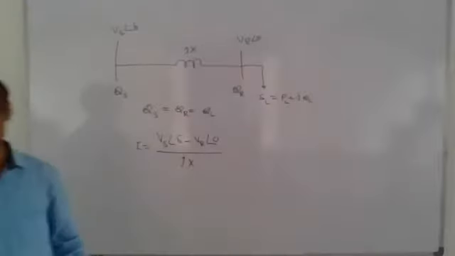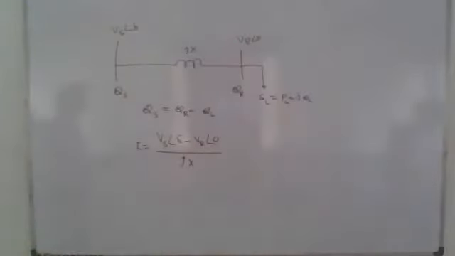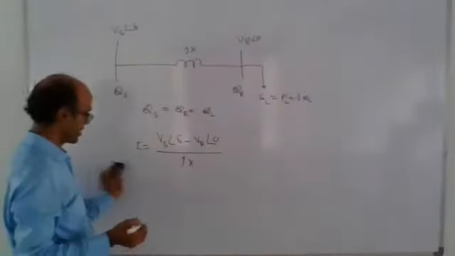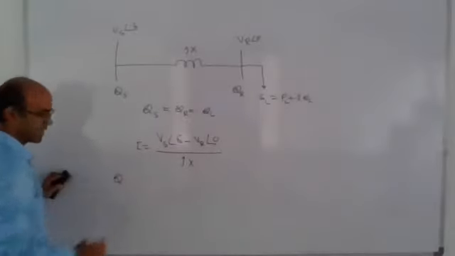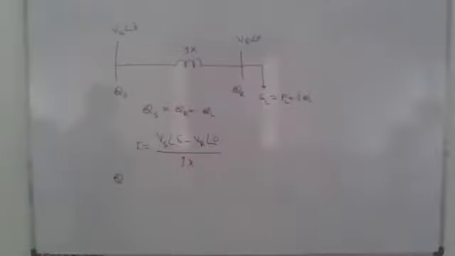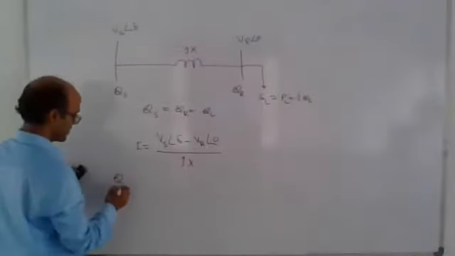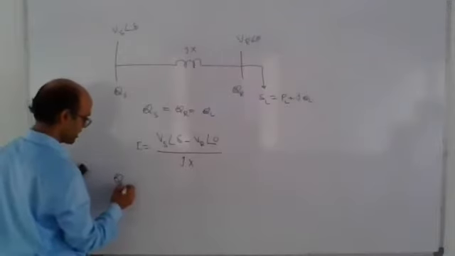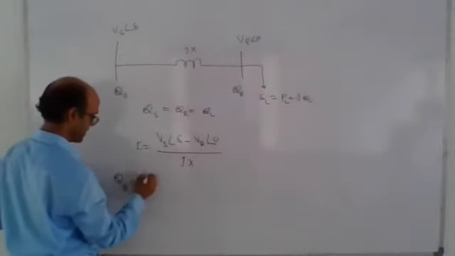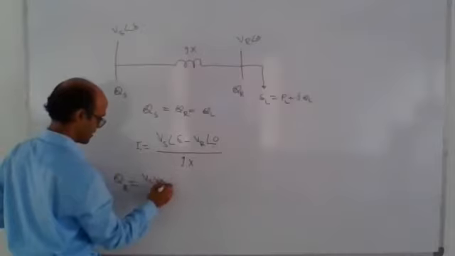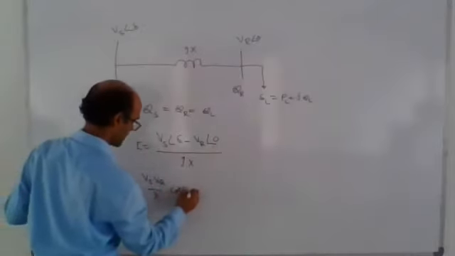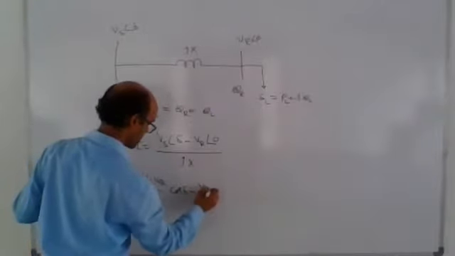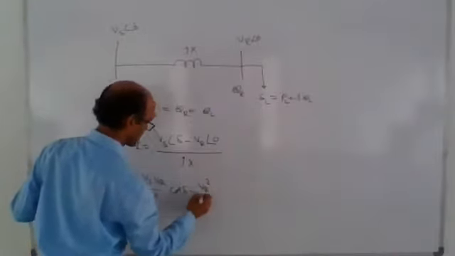From this equation, S equals VI conjugate, then comparing, what is the relation for Q, reactive power? We have seen QS, QR is what? VS VR by X cos delta minus VR square by X.